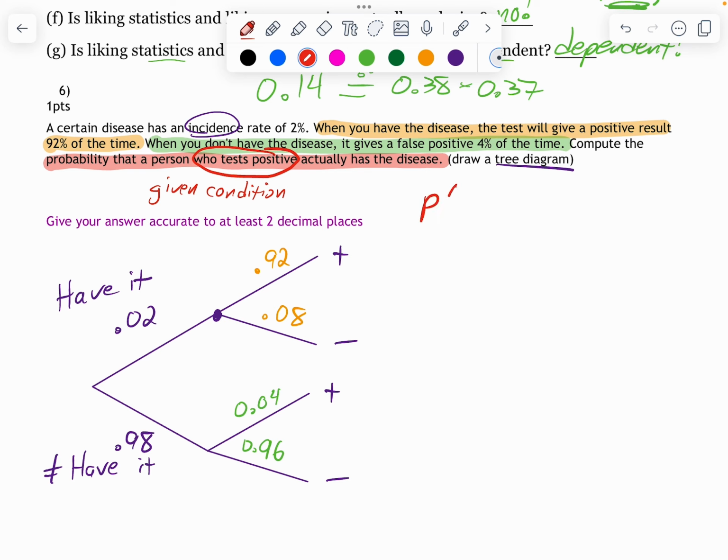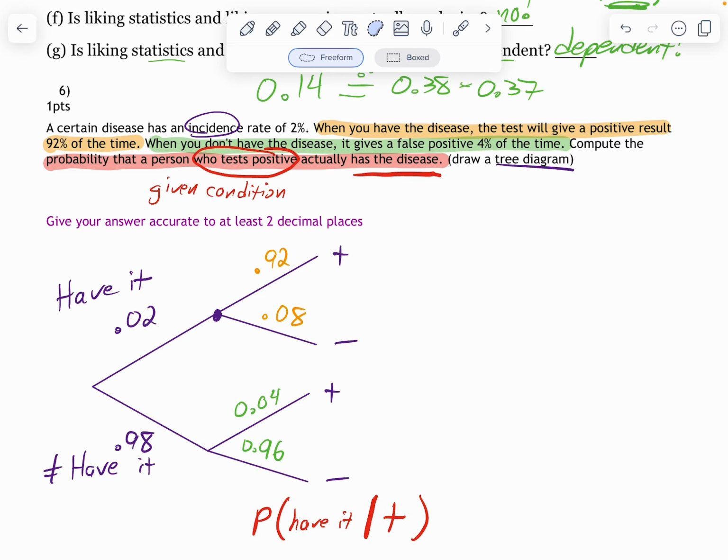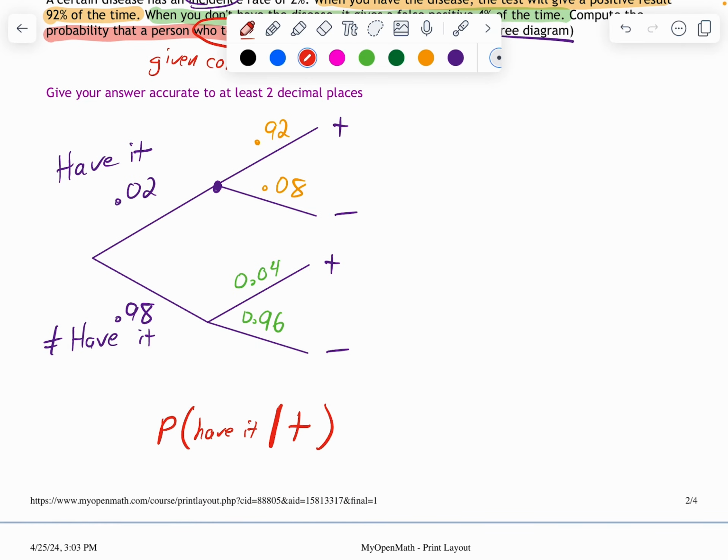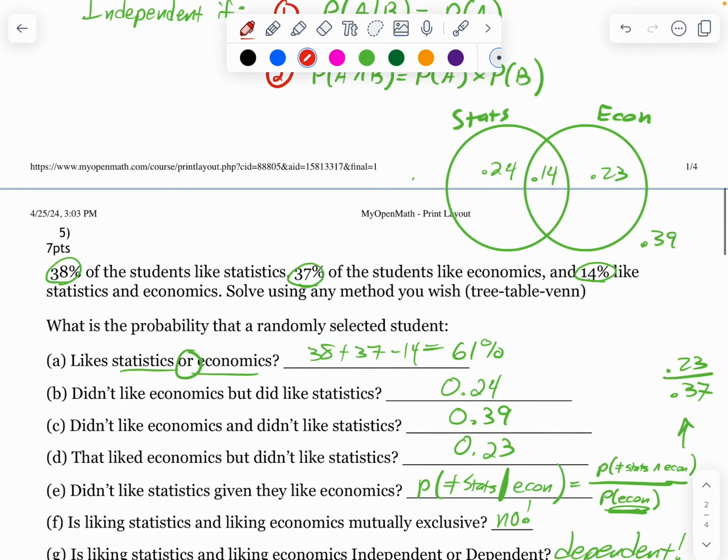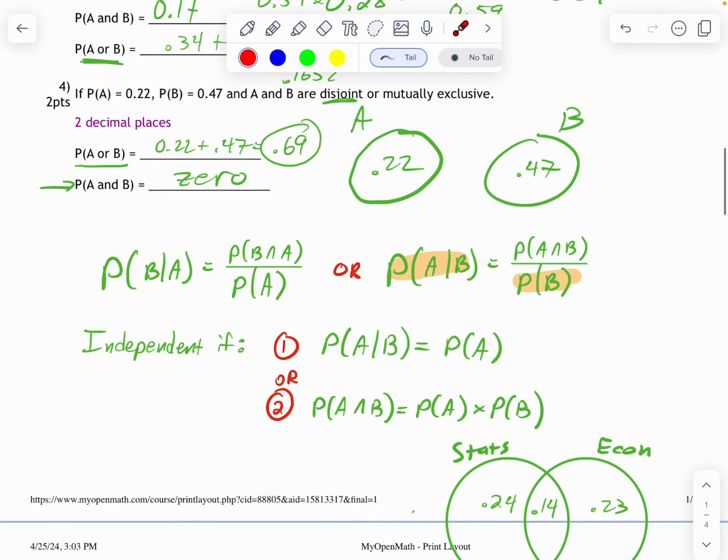So this is really the probability that somebody has the disease, given they had a positive test result. So I need to break this down using what I know about conditional probability, which again is right here.